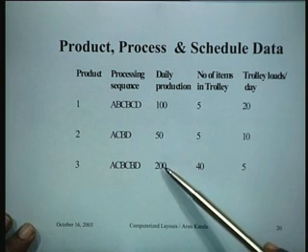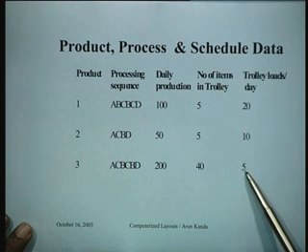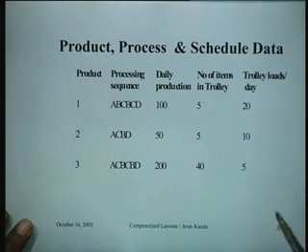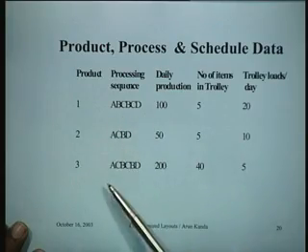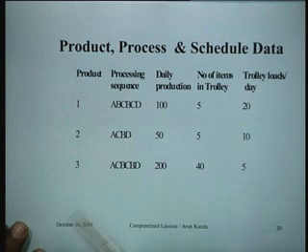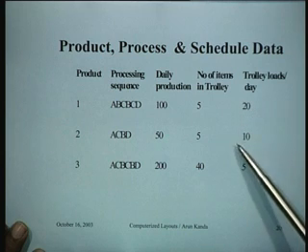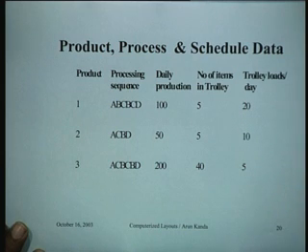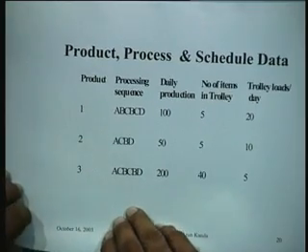These could be very small items like nuts and bolts, while these are relatively bigger items, which can be carried in only 5 trolley loads per day. So the input information is that we are making 3 products, this is the sequence of operations, and these products will require a total movement of 20, 10 and 5 trolley loads per day in the plant. So we know the total quantum of movement in the plant.